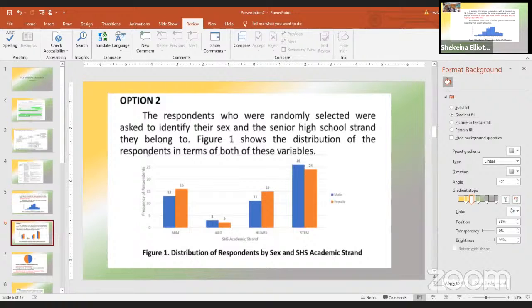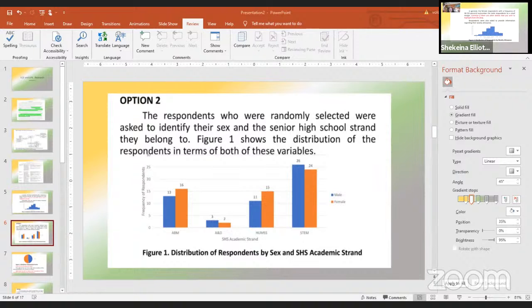Chapter 4, as I said, you must focus on the analysis of the raw data. It is not the interpretation of it. So it's two different things.